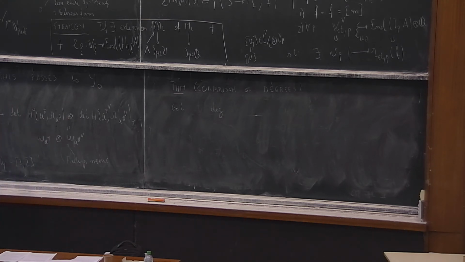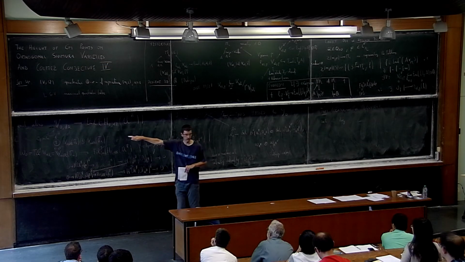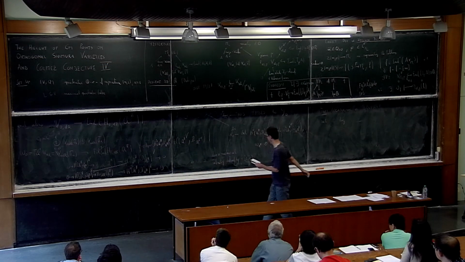So if I take the determinant, I have to take a power, right? Sorry about that. So I get a map from here to here, passing to the determinant, I get powers of the omega 0. Sorry about that.